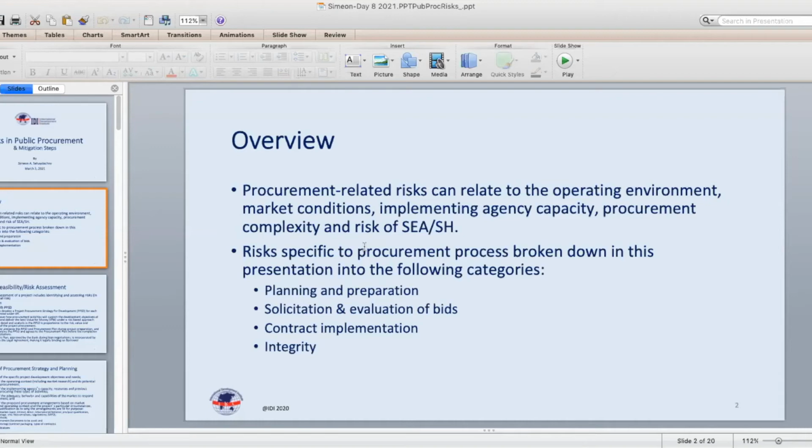Now, this refers to sexual exploitation and abuse and sexual harassment. And this is something that, as I mentioned, I think yesterday or Monday, the World Bank is now giving increasing attention to as part of the wider issues to be addressed through the procurement expenditures.